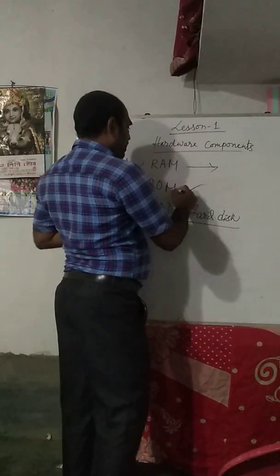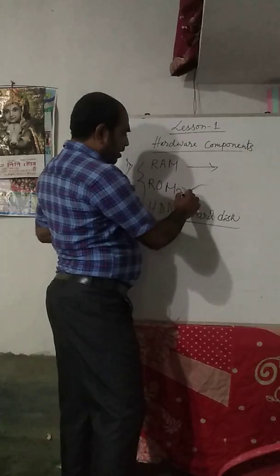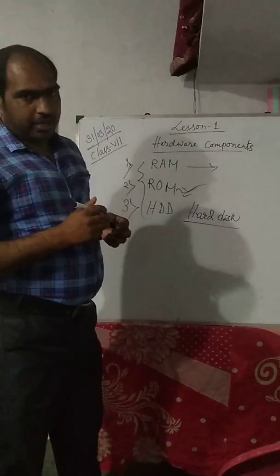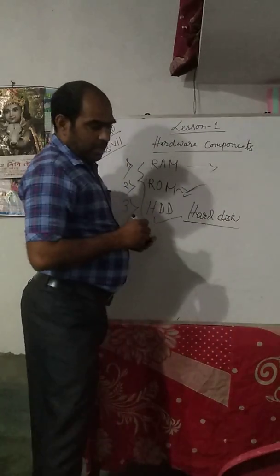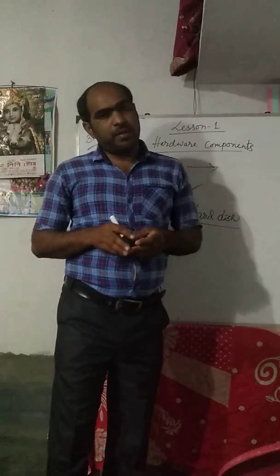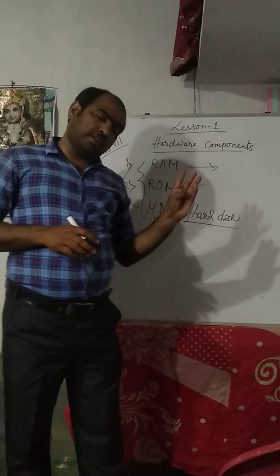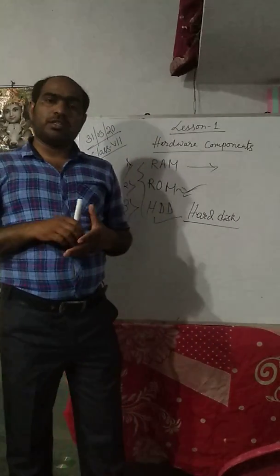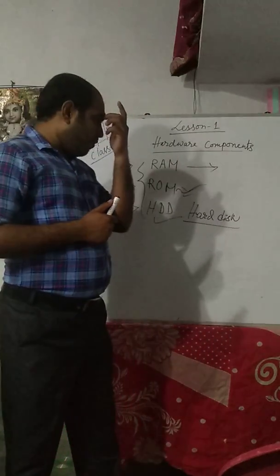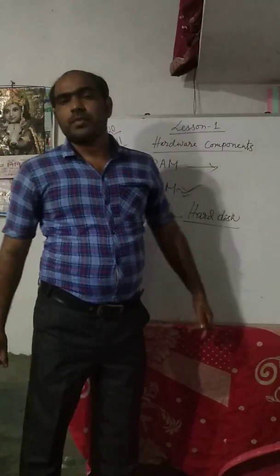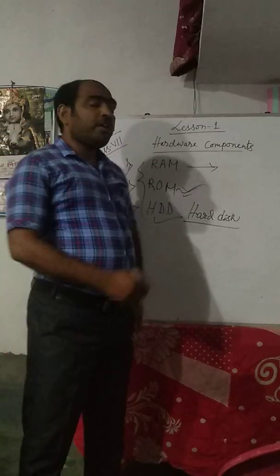So this is the second internal storage device, a very important thing. We cannot see it; it is already present inside the motherboard. The third part is the hard disk. Nowadays the hard disk has become internal and external; you can see external hard disks came in the market. Now, what is the function of the hard disk?